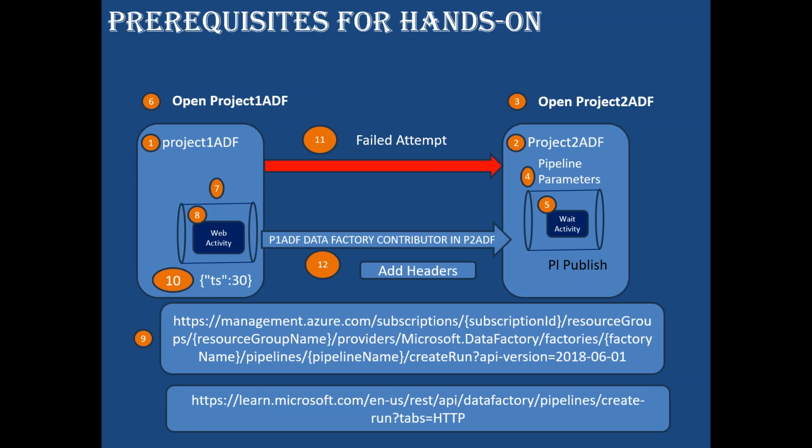We need to add it in the web activity. Once we have completed the required permissions, we can reattempt the pipeline call. Then we can successfully call the project2 ADF pipeline by passing the parameter from the project1 ADF web activity.